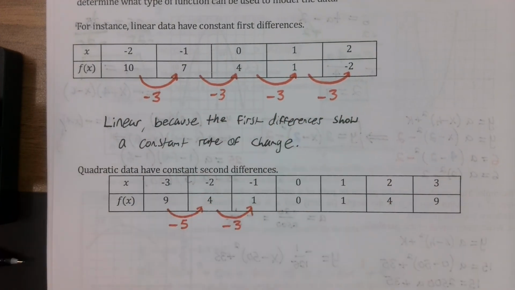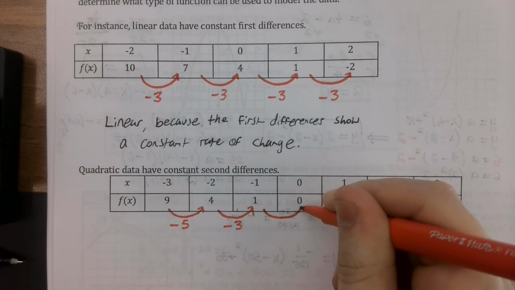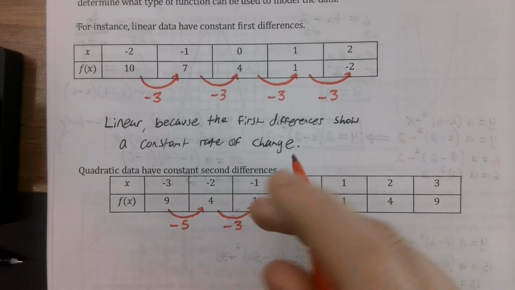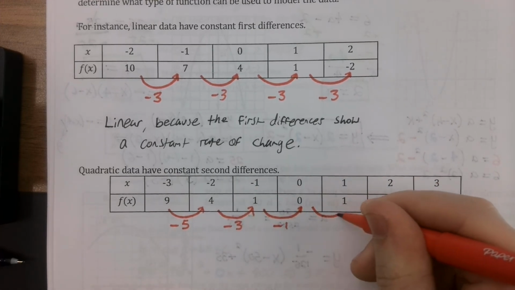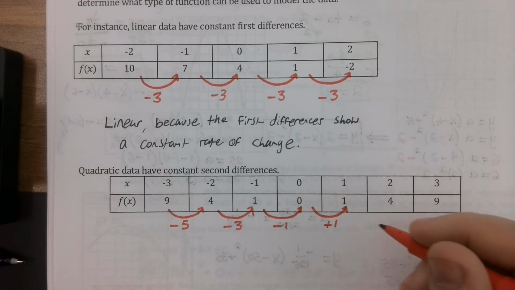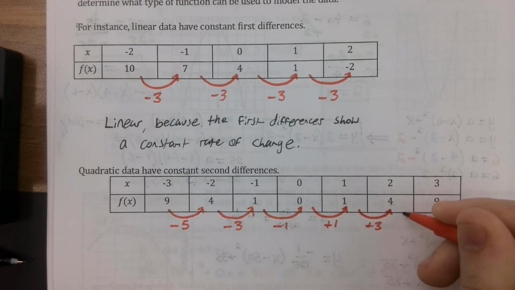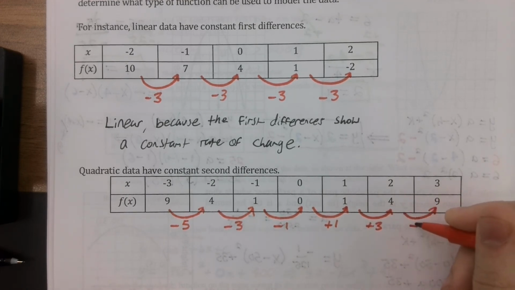The pattern isn't the same. We don't know that it's quadratic yet, but we know that it's not linear for sure. I'm going to complete this pattern and see what happens. So here we subtract 1. To get to positive 1, we add 1 again. To get from 1 to 4, we're adding 3. To get from 4 to 9, we're adding 5.